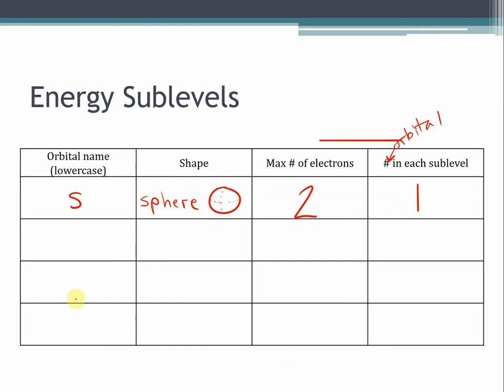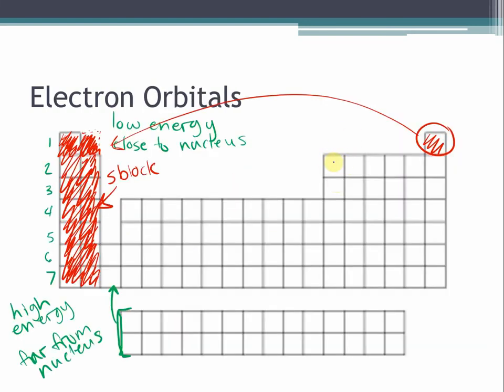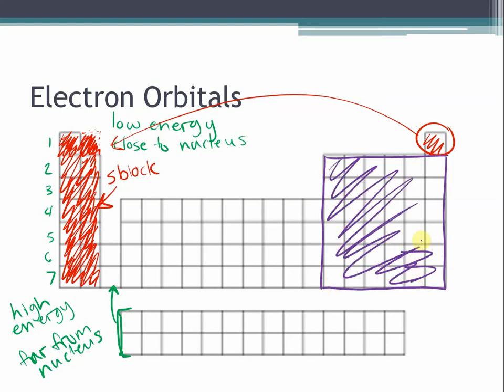That's your first sublevel. Your second type of orbital is called the p orbital. To help you remember the shape, you can think of it being peanut shaped. It has this dumbbell, peanut-looking shape. Looking back at our table, your p orbitals are found over here in this section. This is your p block.